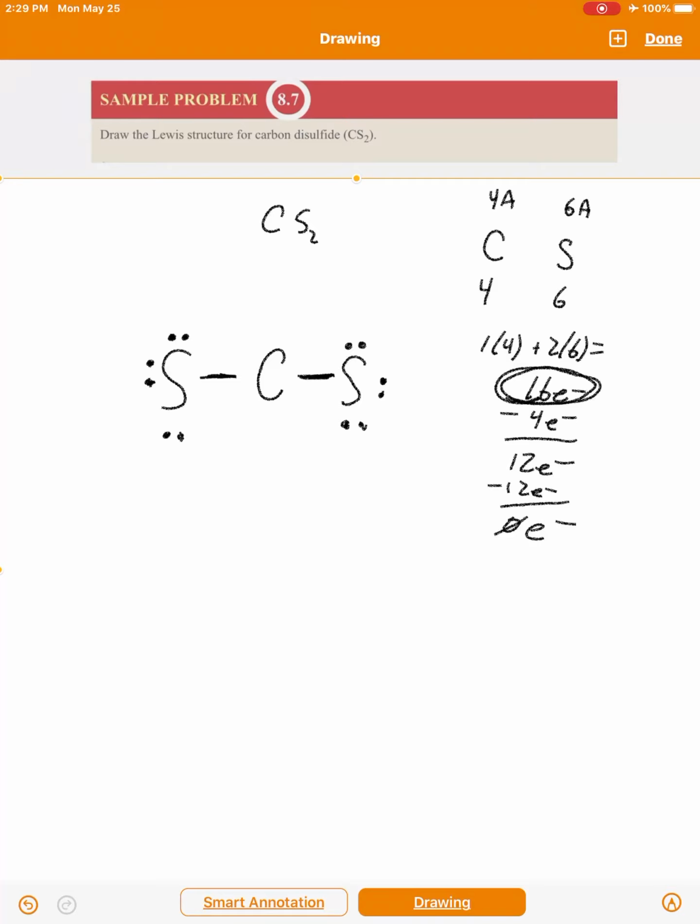The problem here is that carbon only has 4 electrons. That's no good. We want carbon to have 8.